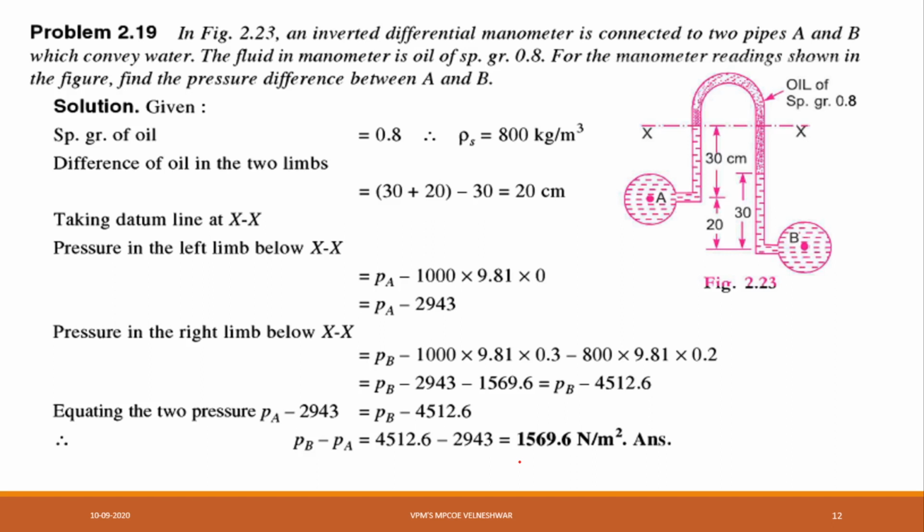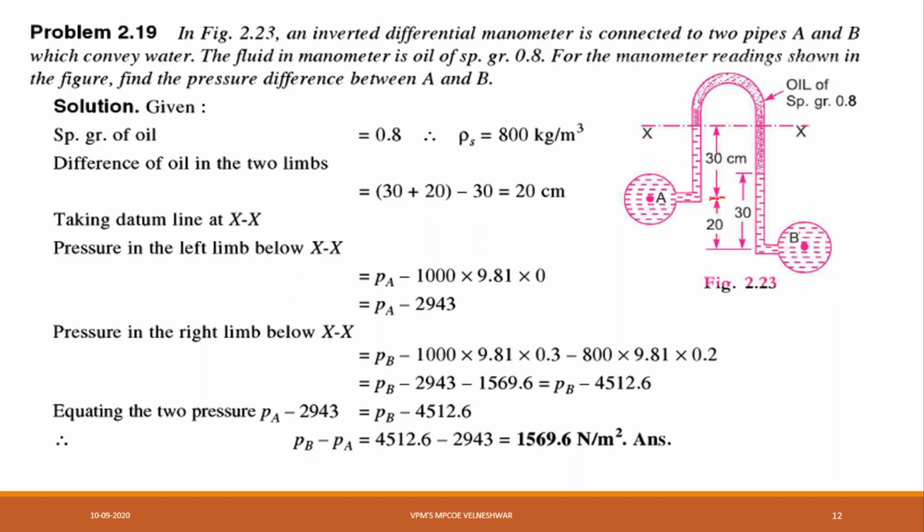Now the specific gravity of oil is 0.8. Convert it into density, that is rho s is equal to 0.8 into 1000, which is 800 kg per meter cube. Now the difference of oil in the two limbs. We have to find this difference.